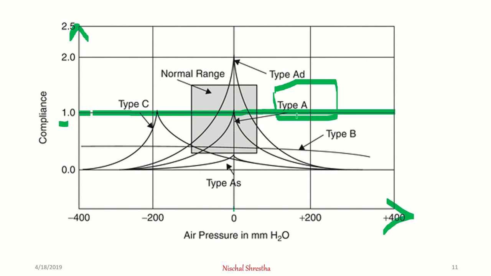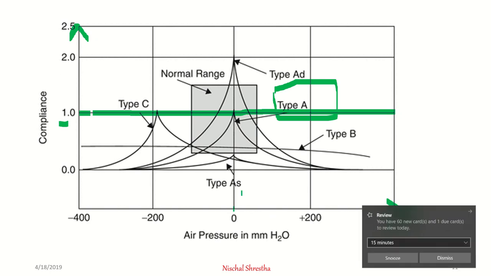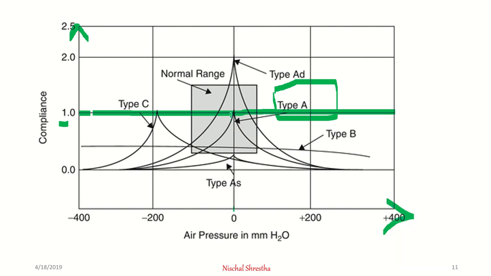In the normal curve, what we can see is that in the normal range of pressure, compliance is in the normal range. When we move in the right or the left direction, compliance has decreased. So compliance is in the normal range only in the normal pressure. In type C, pressure has decreased. It is more negative than normal range, but the compliance is normal.